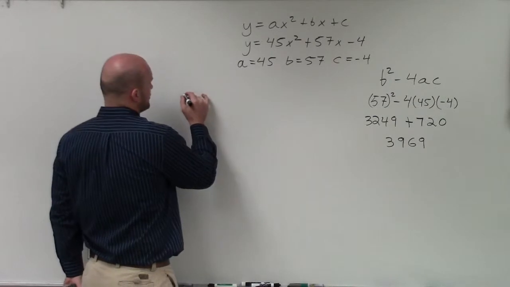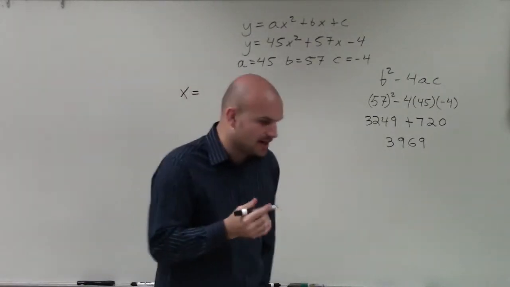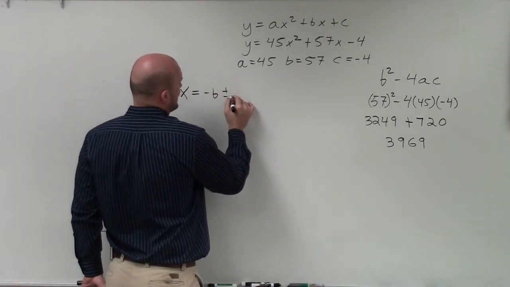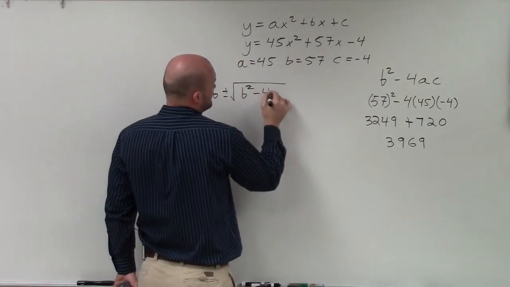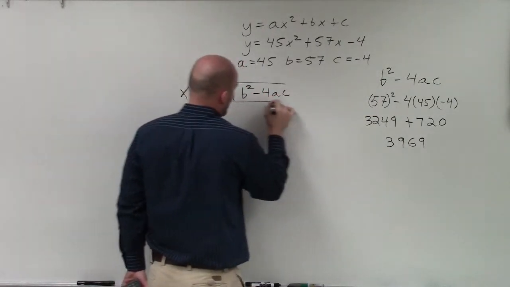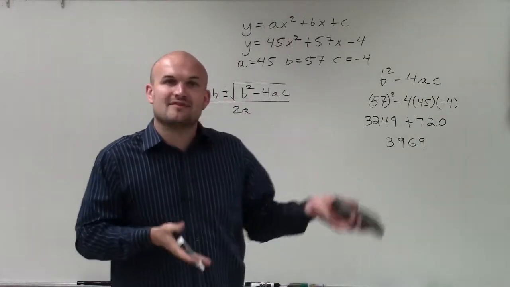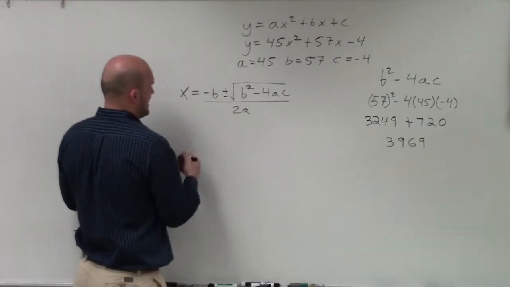Now let's go back into the quadratic formula. Remember the quadratic formula: x equals opposite of b plus or minus the square root of our discriminant, b squared minus 4 times a times c, all over 2a. What's nice about doing the discriminant is we can just plug that value in now, with the remaining b and a that we have.